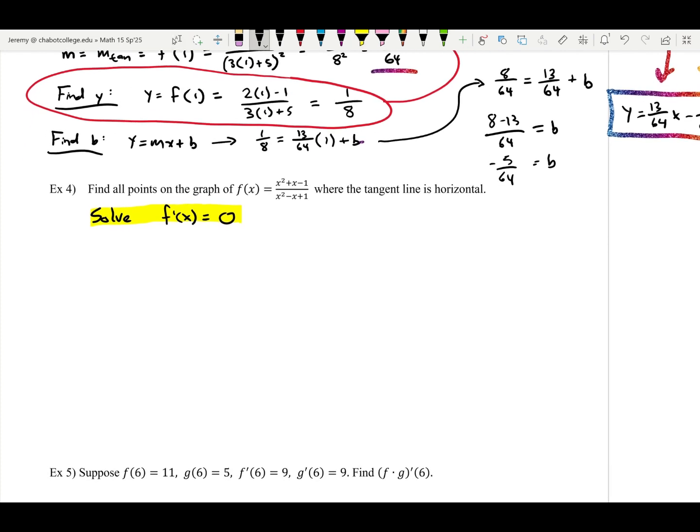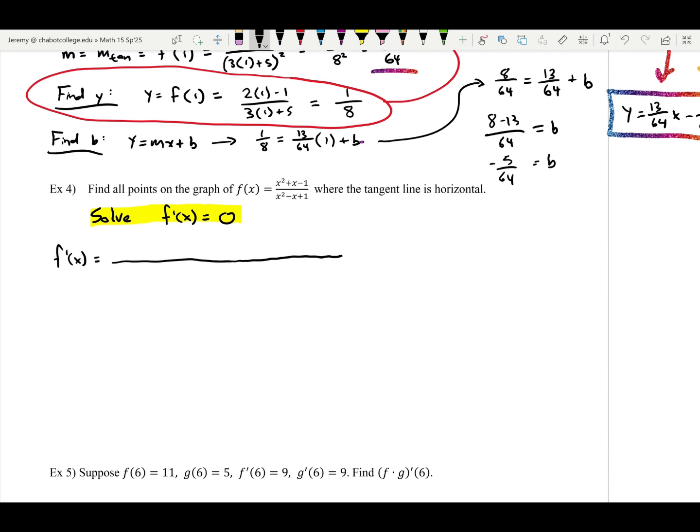So let's find this derivative first. I have to use the quotient rule here. There's no way that I'll be able to simplify this down in such a way that I'll be able to use just power rules and sum rules and all that stuff. So I'm going to have to do a quotient rule. This might be kind of a big one, so hang on.